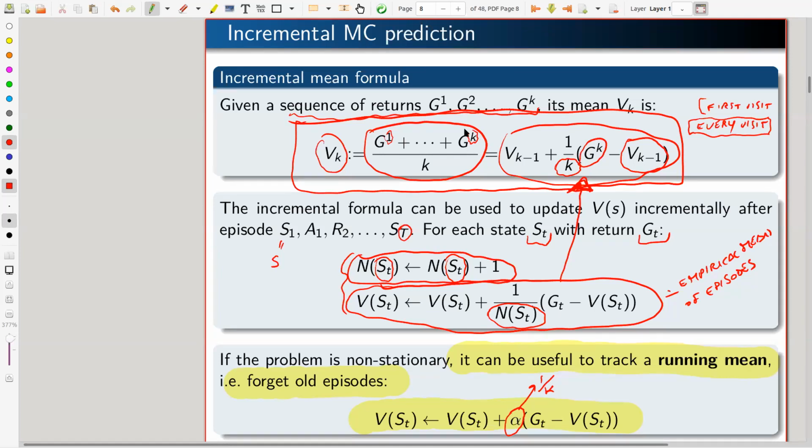Exactly. And I'm assuming that all these episodes are starting from the same state. So the number of episodes is also the number of times I visited that state. I'm also assuming that I'm not visiting the same state in one single episode again. Okay. Thank you.